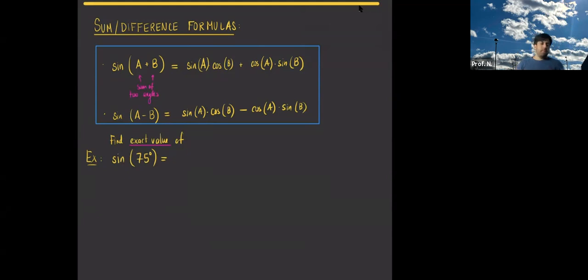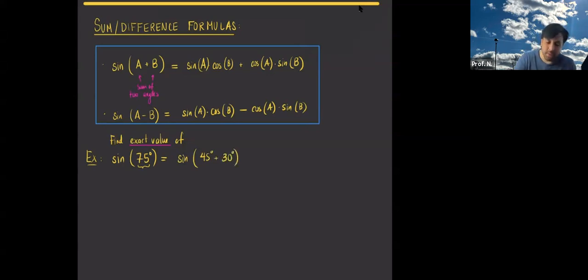But then you're like, wait, we only know sine of 60, sine of 30, sine of 45. And that's precisely how we're able to find sine of 75. Why is that? Because the number 75 is very nice, since it comes from 30 plus 45. Can't I rewrite this as 45 degrees plus 30 degrees?